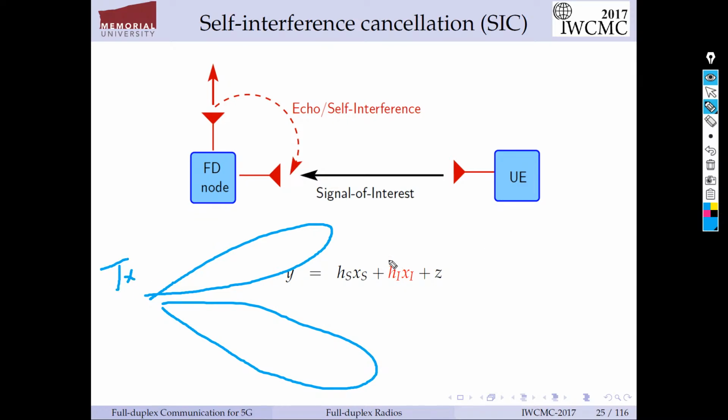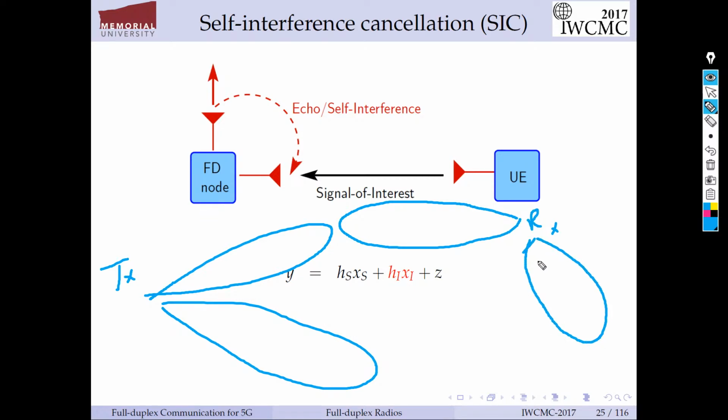For the receiver to communicate in in-band full duplex, the reception beam should be in this direction and the transmission beam should be in another direction, so that this does not interfere with this. As you can see here, you transmit, and here you receive in an acceptable manner because they are aligned, they are seeing each other.